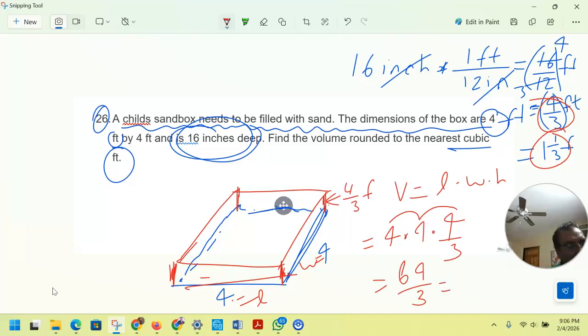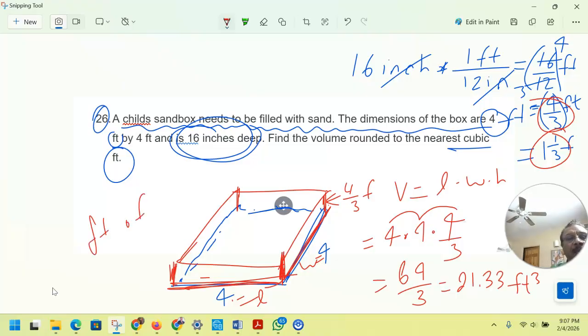And this answer can be written as 21.33 feet cube. Now, why is it feet cube? Because it's length, width, and the height. So it's like feet times feet times feet. I hope that makes sense.